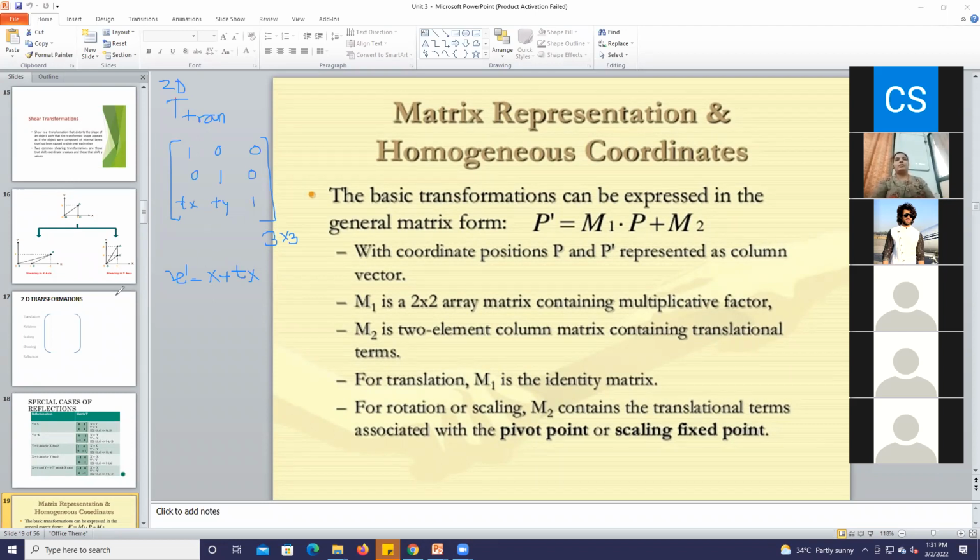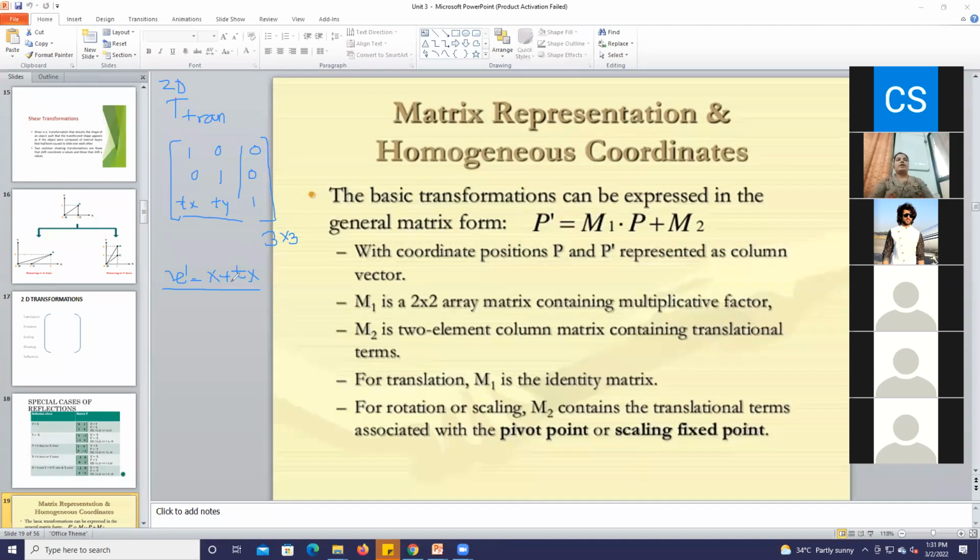And for that purpose, the addition is converted into this T matrix where additional row and column is added so that instead of matrix addition, we can carry out matrix multiplication to get the same result.